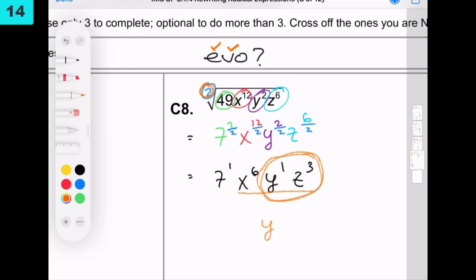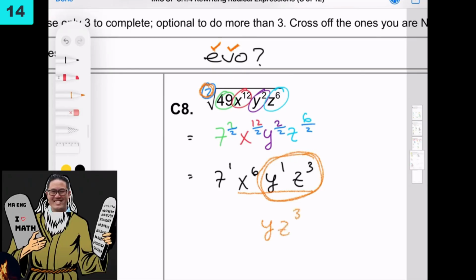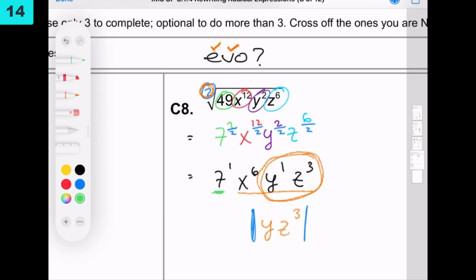So these two will actually go into the absolute value. They like to put all the constants, or just numbers, to the left, and all of the variables to the right. And then your answer is going to be all of this for number 8.